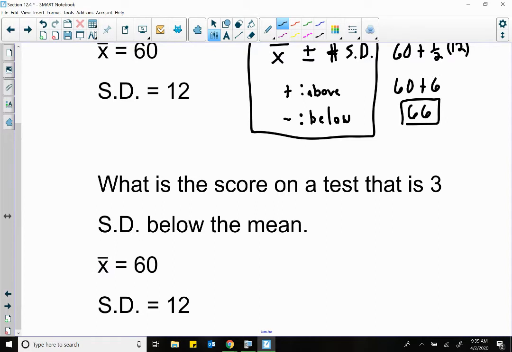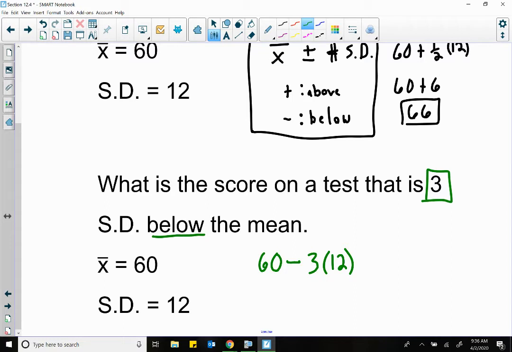All right. Try it again. And go. All right. So this time, if you notice, it says that we are below. So that means we're going to subtract. So 60 minus, what's our number we're dealing with this time? 3. Standard deviations is 12. So there we go. There's the mean, there's the number, because we want to be 3 standard deviations below.